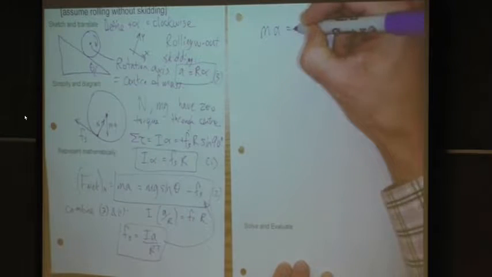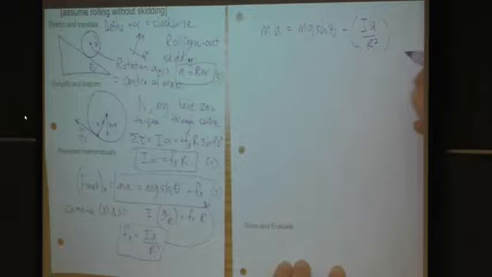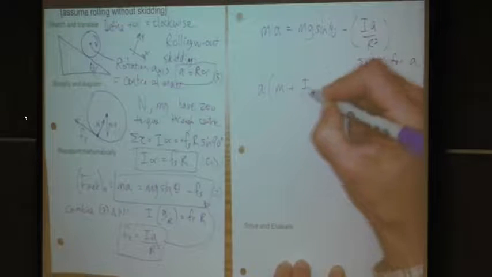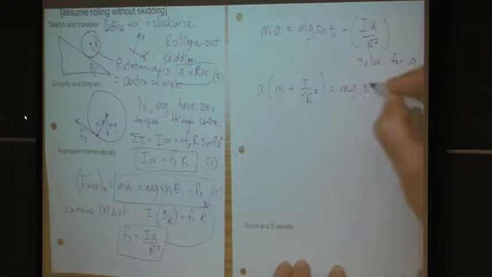So then what we get is that m times A equals mg sine theta minus I times A over R squared. And we solve for A. We get A times m plus I over R squared is equal to mg sine theta.